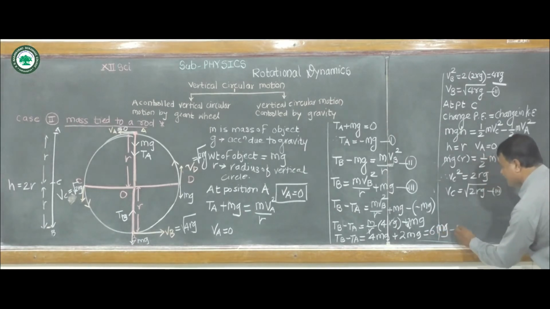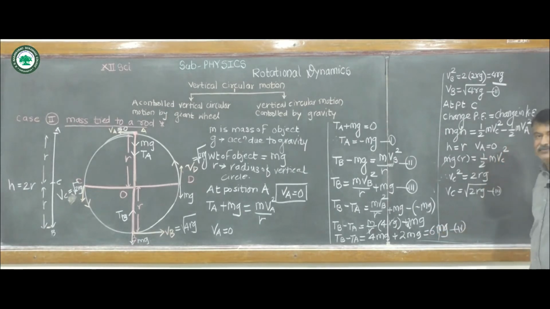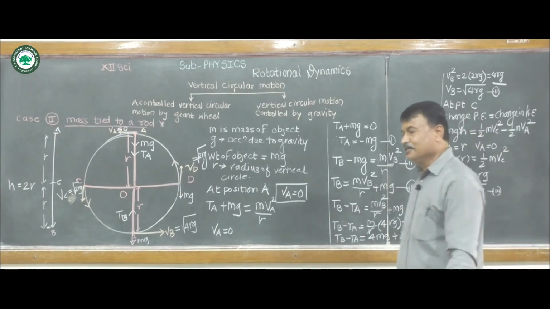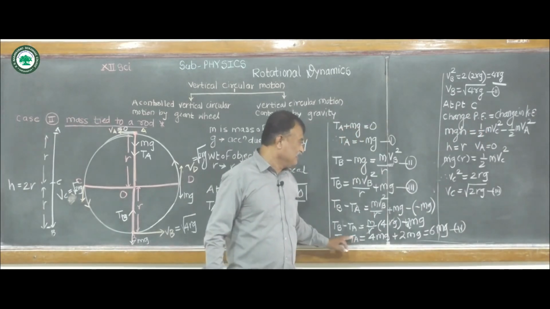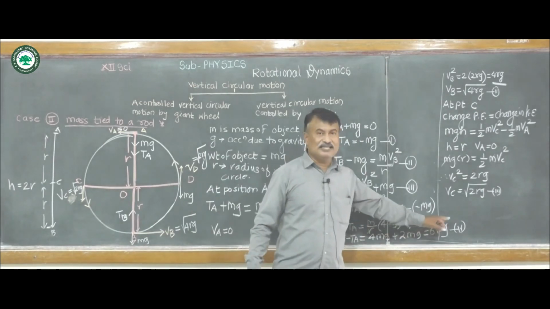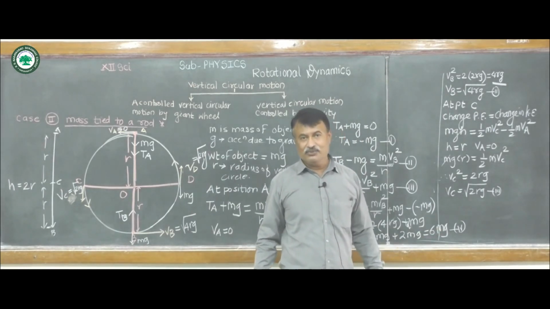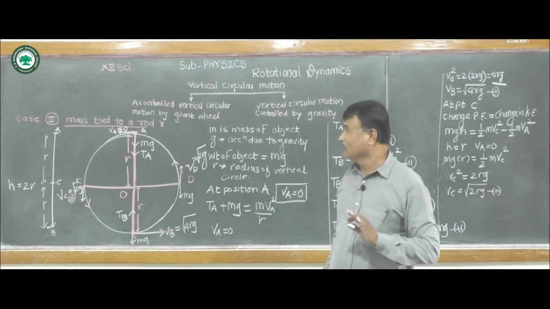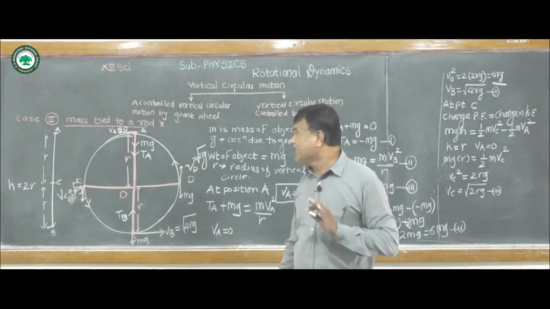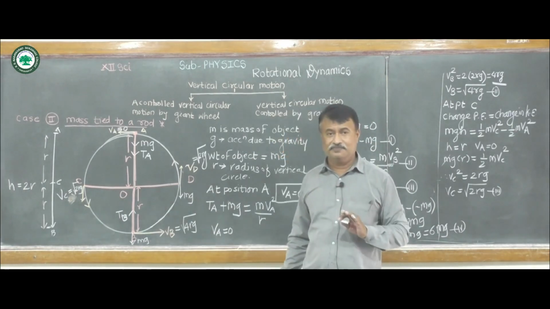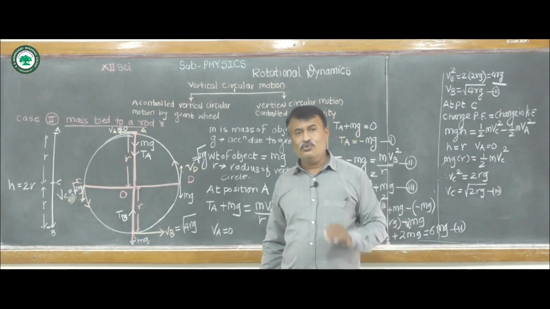So this is the final equation 4. Now this equation 4 gives us the difference in the tension at point B and A, that is equal to 6 mg. So in this way we study the vertical circular motion. In that case we study the point mass tied to one end of the rod. Now we stop here.